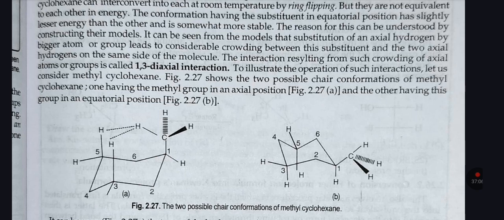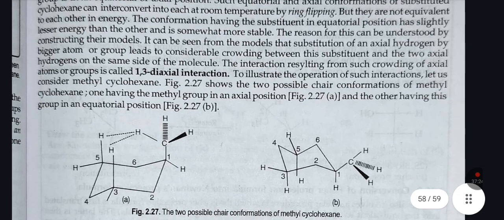To illustrate the operation of such interaction, let us consider methylcyclohexane. Figure 2.27 shows the two possible chair conformations of methylcyclohexane, one having the methyl group in an axial position and the other having it in an equatorial position.